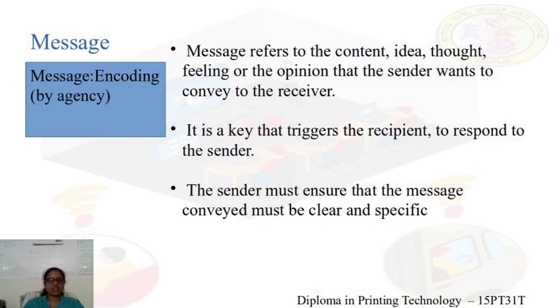It is a key or a point of view that triggers the recipient or the receiver to respond to the sender. And the sender must ensure the message conveyed must be clear and specific. It should not have any content or text that is confusing to the receiver or the end user or the audience.